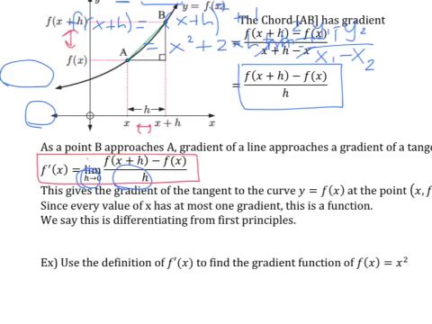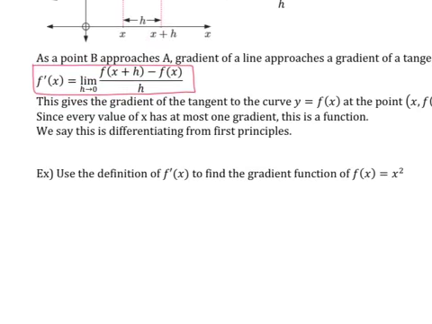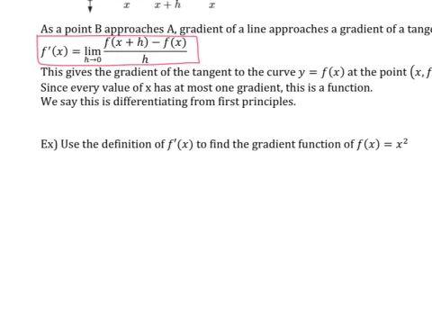So let's use the definition of f prime of x to find the gradient function of f of x equals x squared. In order to do so, we need to use what we have just boxed, this one. So we already have f of x, which represents this value over here. All we need is f of x plus h.